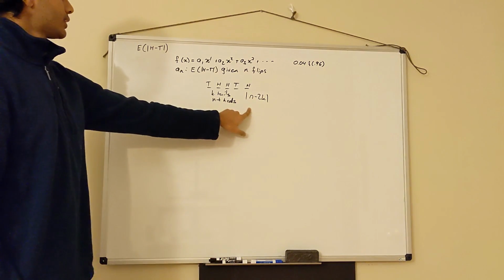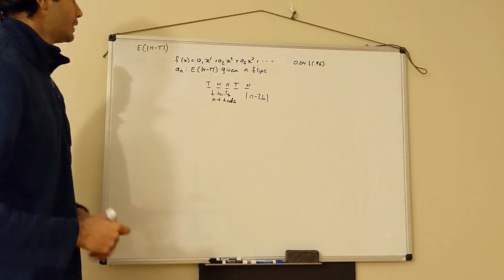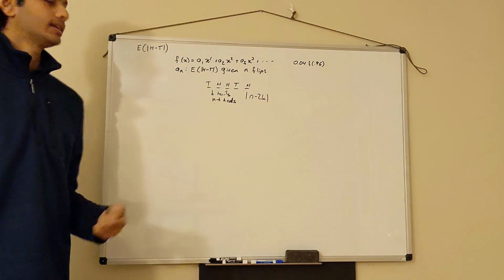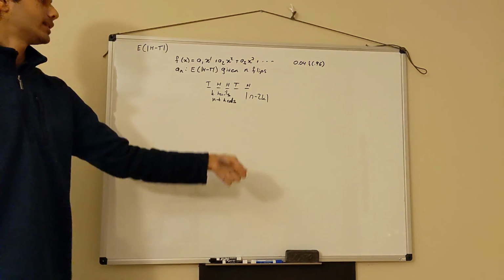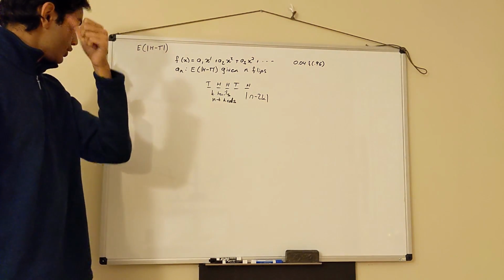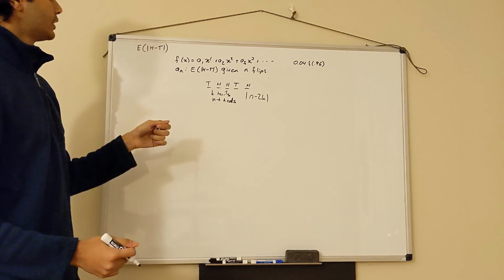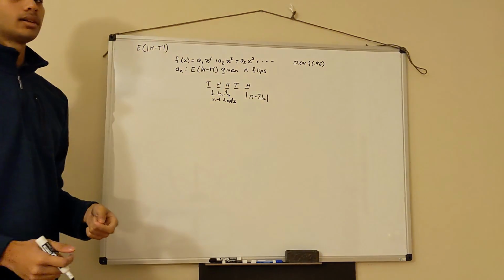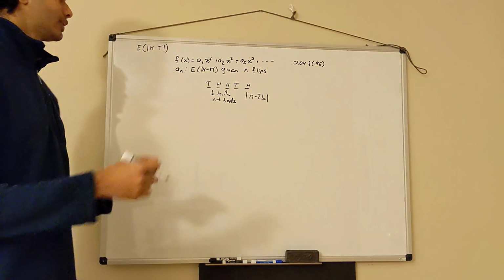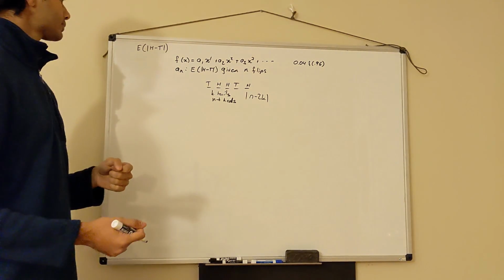Notice that this takes on two values. If n is less than or equal to 2k, then this will become 2k minus n, and if n is greater than or equal to 2k, then this will be n minus 2k. Notice also that there's a symmetry: if we have 3 heads and 2 tails, that's really saying the same thing as if we had 3 tails and 2 heads.